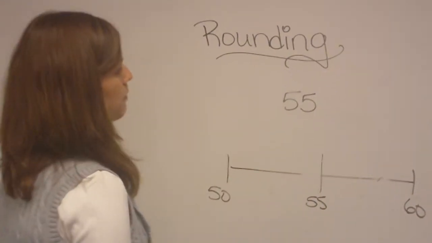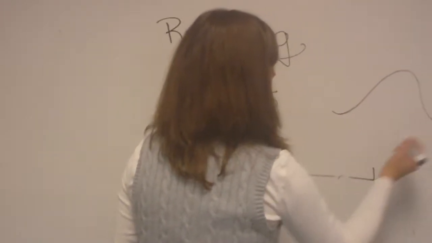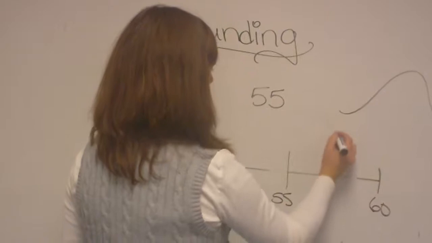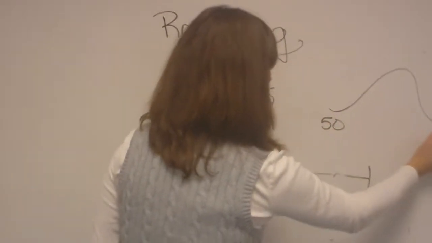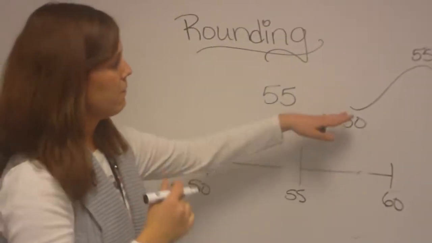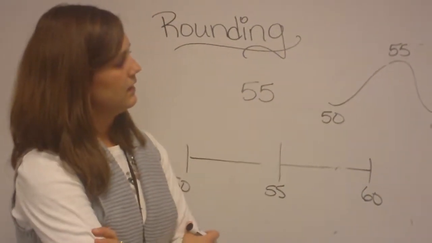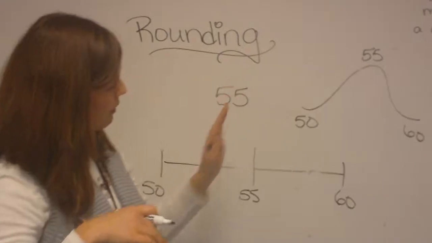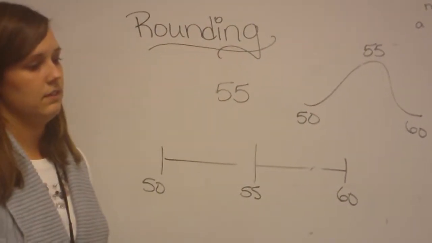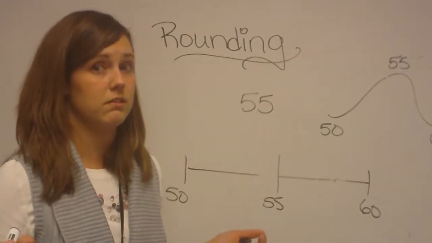But if I look at a number line like it's a hill, and I make this number line a curvy number line, and I start with 50, and the ending point 60, and I'm up here at 55. If I'm walking up a hill, am I more likely to go backwards down the hill or continue going over the hill? In real life, what would I do?